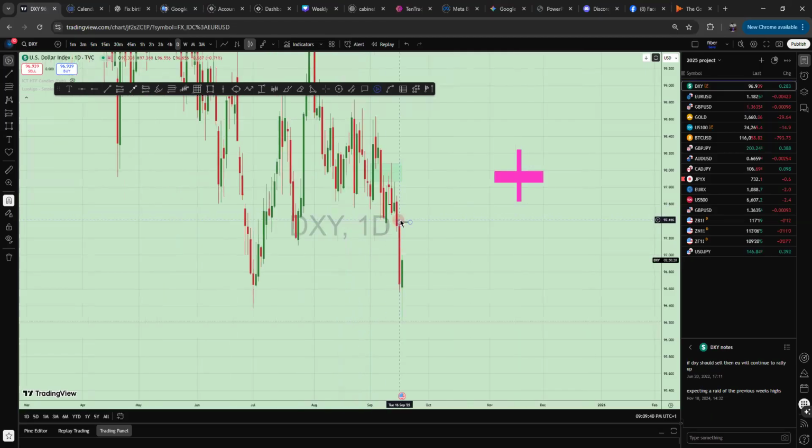Now, I would want to say that tomorrow price is likely going to be pushing up again, which means that tomorrow I want to see a bullish structure on the lower time frame so that I can buy these higher lows, right? It's that simple.